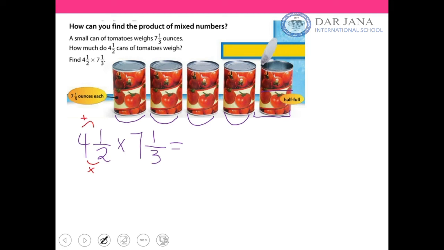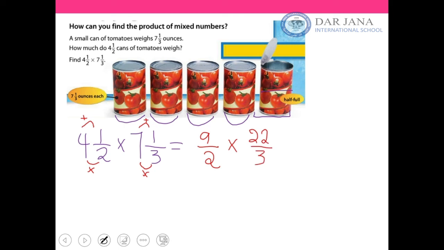So 2 times 4, it's 8. 8 plus 1, it's 9. So it's going to be an improper fraction, 9/2. This step is very important to be able to multiply them later on. So you need to change the mixed numbers into improper fractions. Here it's also 3 times 7, 21, plus 1, it's going to be 22/3.